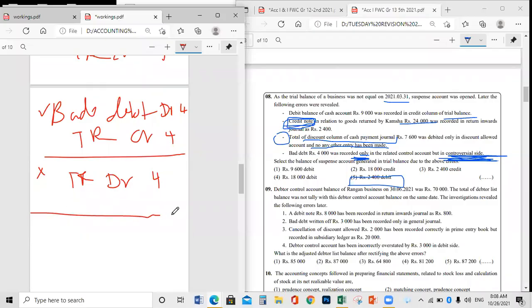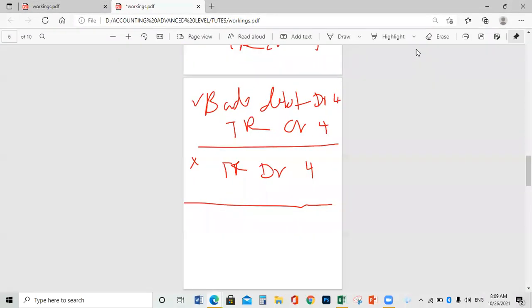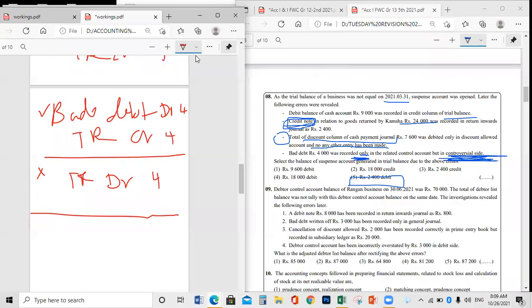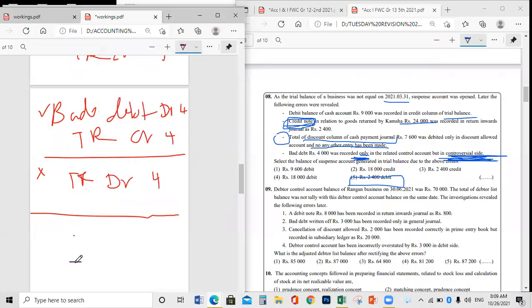Do you understand? Now, if you compare, nothing is correct here. Everything is wrong. The first thing you can do is cancel the wrong one. The wrong one is trade receivable debit. So to cancel it, you will credit your trade receivable by 4,000. And then after that, you will record the correct entry.